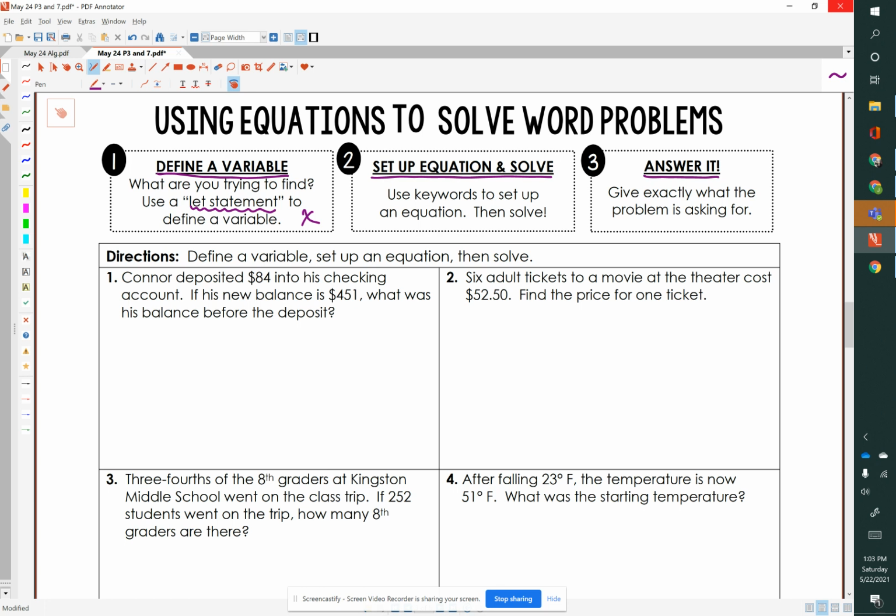So our first problem is about Connor. Connor deposited $84 into his checking account. If his new balance is $451, what was his balance before the deposit? So we're going to let X equal his checking account balance.